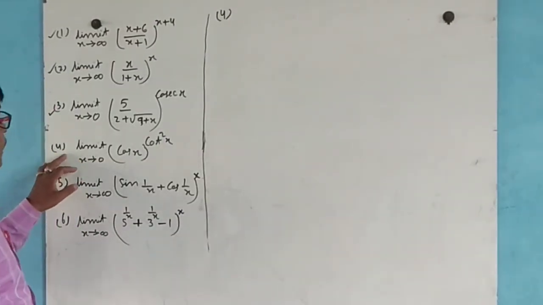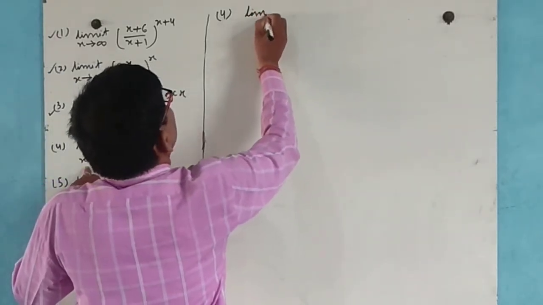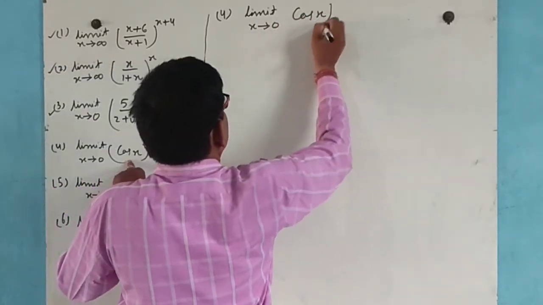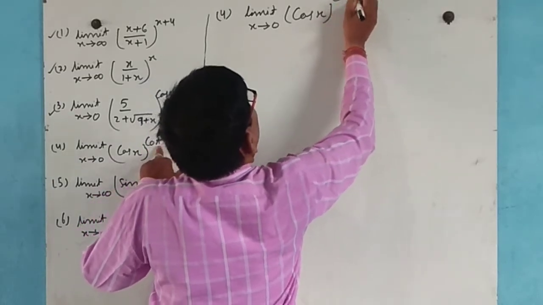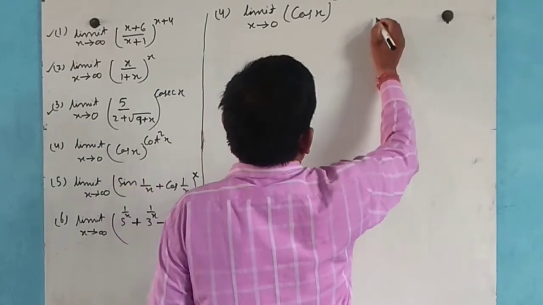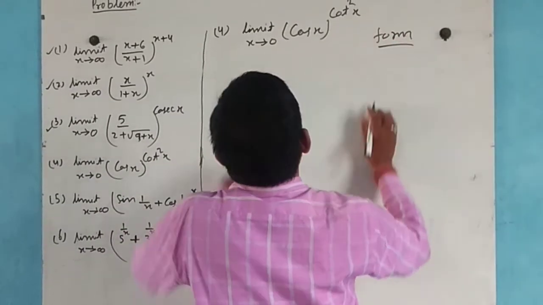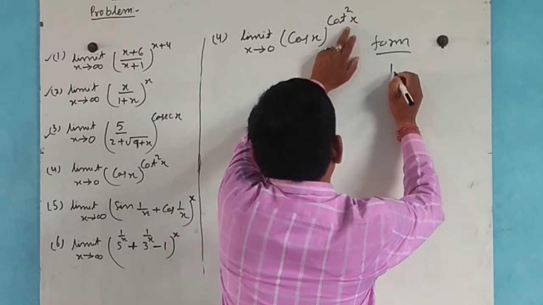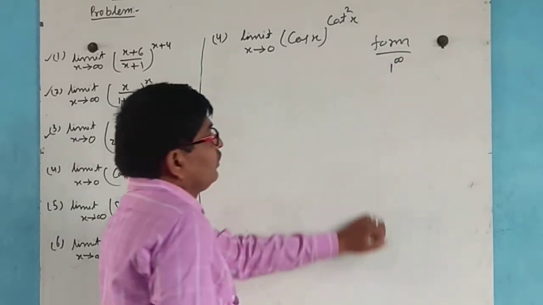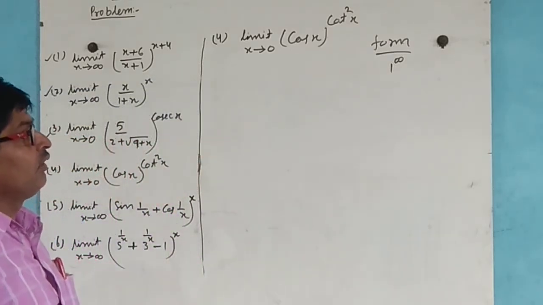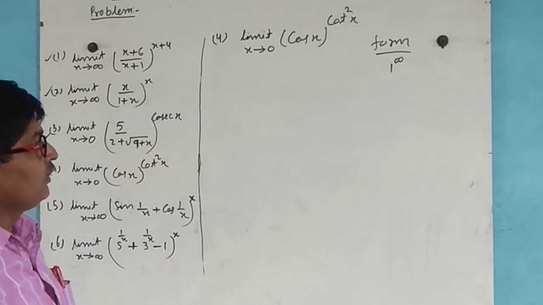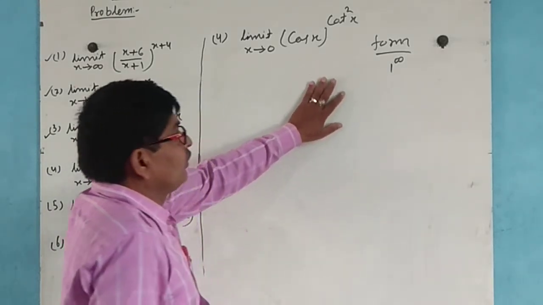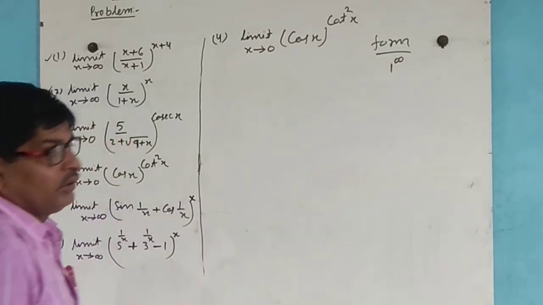Now for the problem, limit x tends to 0, cos x to the power cot square x, form. x is equal to 0, cos 0 is 1 and cot square x equal to infinity, so that cos by sin is also infinity, because cos by sin is 1 by 0, that is equal to infinity.